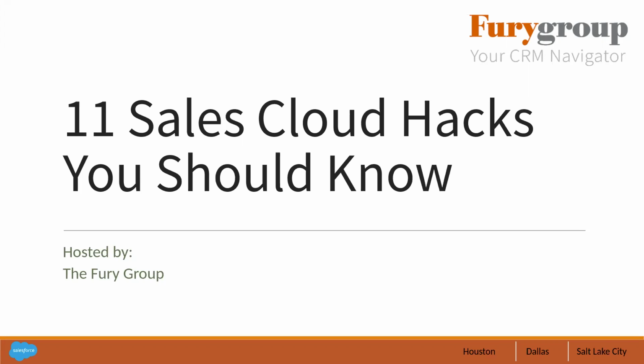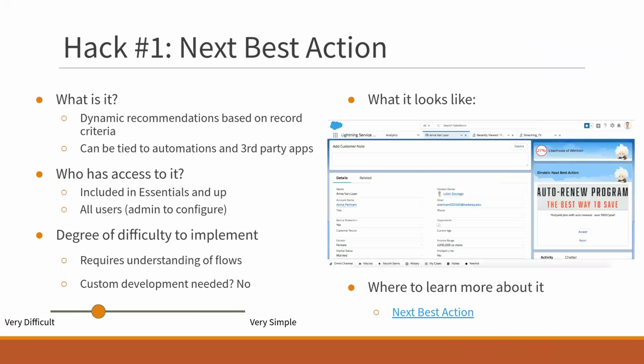So first one that I want to talk about is called Next Best Action. If you'll go to that slide. So Next Best Action is basically going to display recommendations inside of Salesforce based on record criteria, meaning you can set different things on your record that will trigger these recommendations, and they'll pop up.